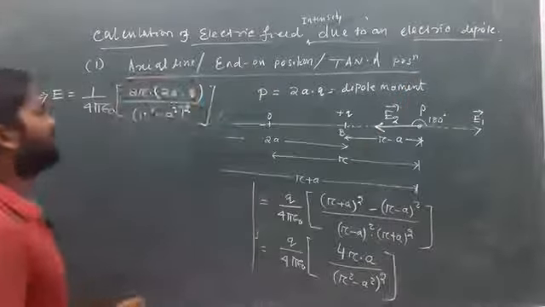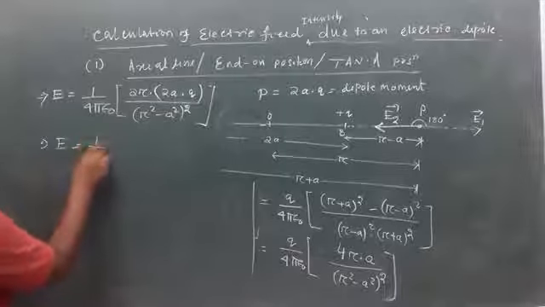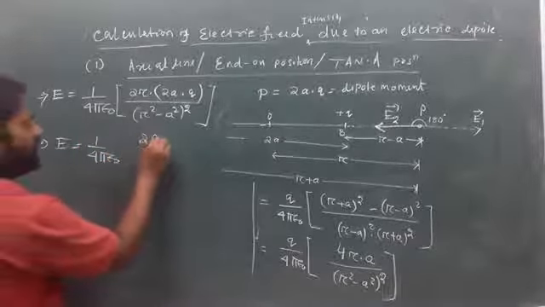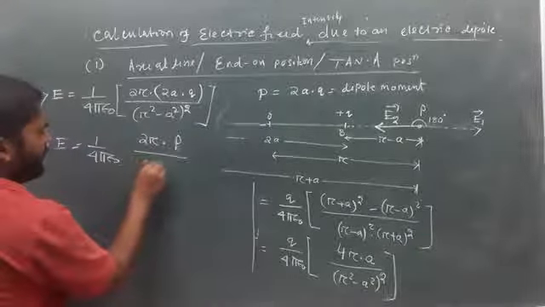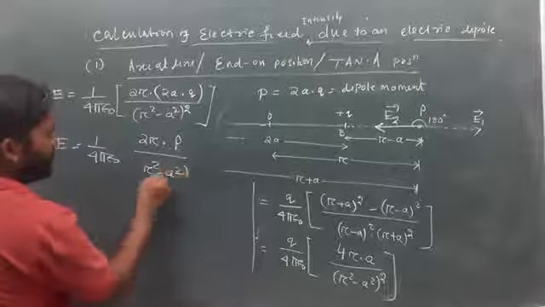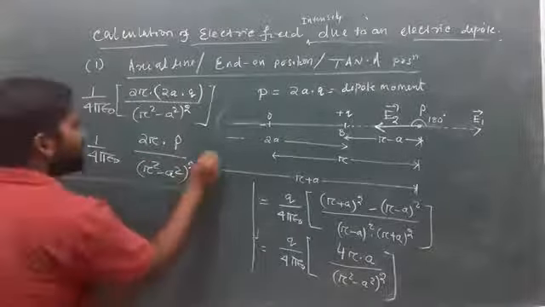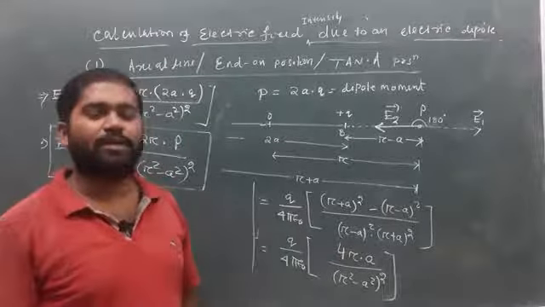So that implies E equals 1 by 4 pi epsilon 0 times 2rp divided by (r square minus a square) whole square. So this is the general expression for electric field at an axial point.